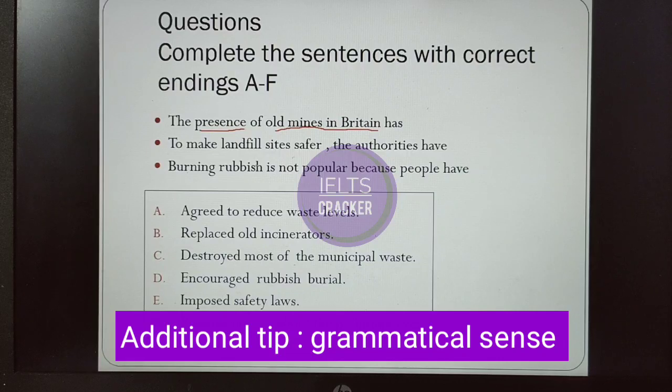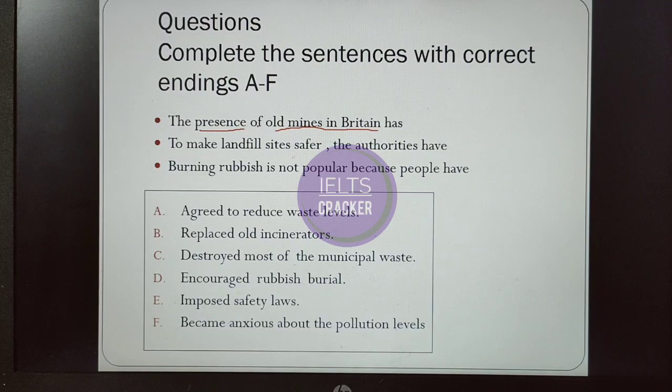So when you're going to pick the option from A to F, you have to consider the grammatical part as well. Okay, so the demand of the first question is, the presence of old mines in Britain has, like what they have done or what is the significance of that presence and what it has led to.